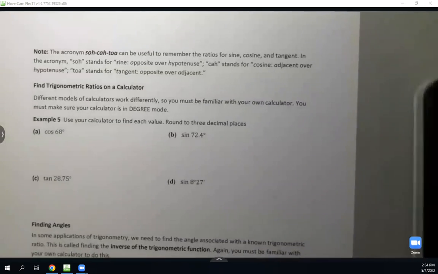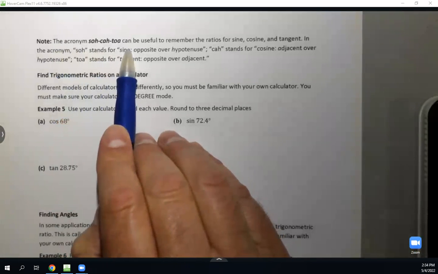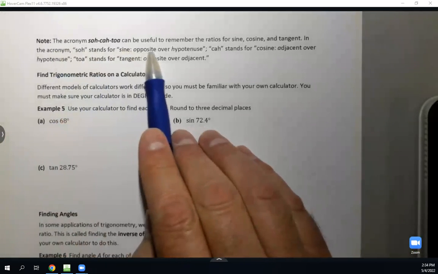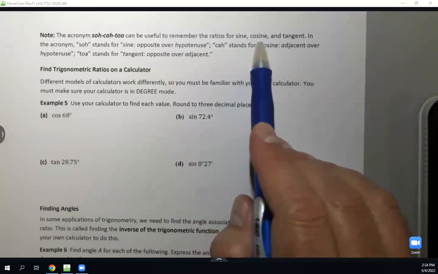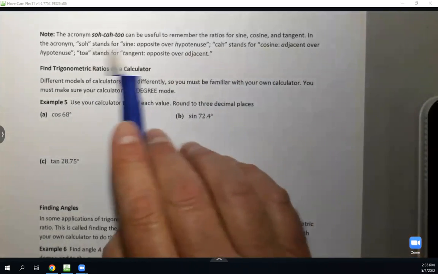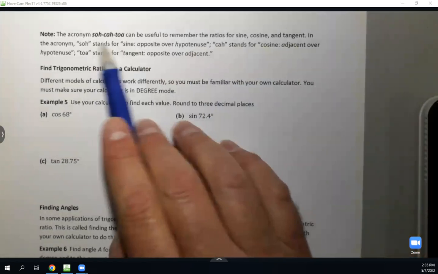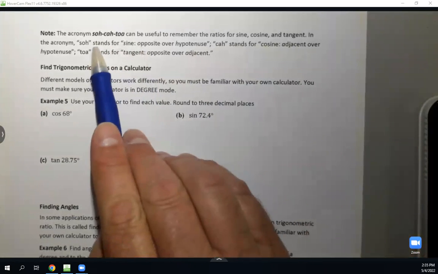Note the acronym SOHCAHTOA can be a useful tool to remember the ratios for sine, cosine, tangent, okay? So this is pretty common. I can remember learning this when I was young. SOHCAHTOA.